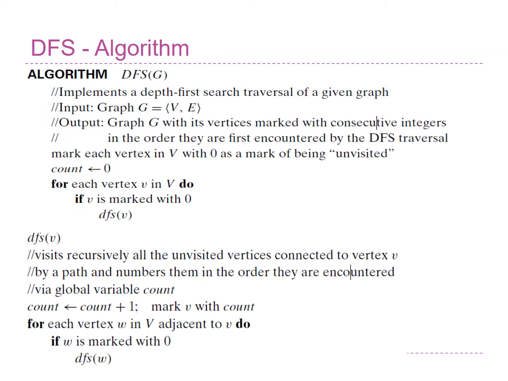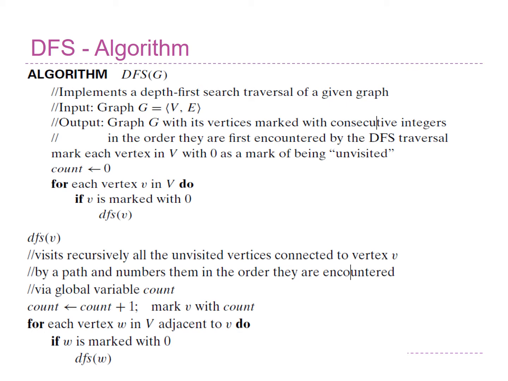The depth first search algorithm. The graph G with the vertices V and edges E is the input to the DFS algorithm. The graph is represented using an adjacency matrix or an adjacency list. The output of the DFS algorithm is the graph G with its vertices marked with consecutive integers in the order of the DFS traversal.